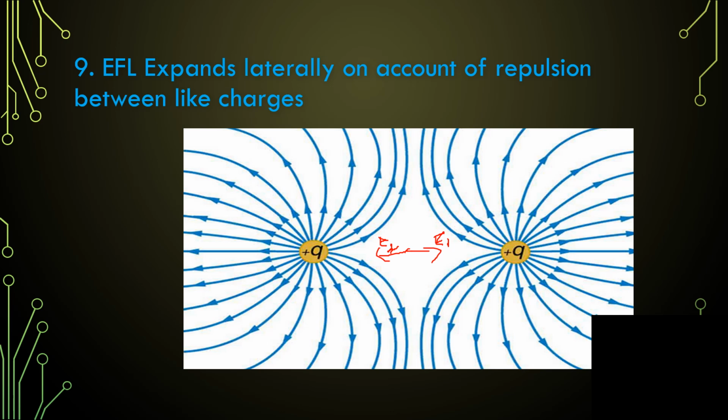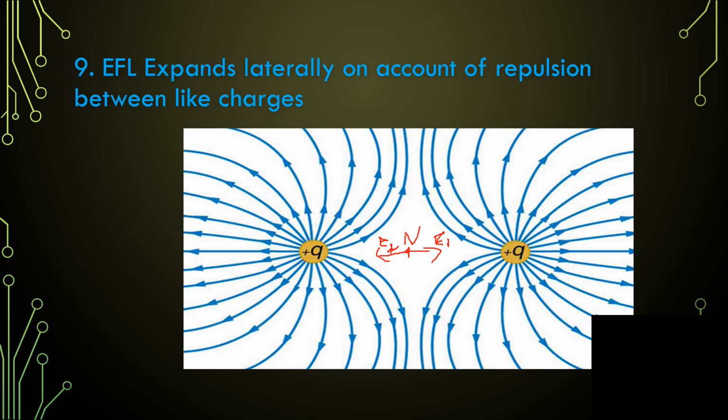Since this point is the midpoint, the distance from each charge is the same and the charge is also the same, therefore the electric field is the same. So E1 and E2 are equal in magnitude and act in opposite directions, therefore the net electric field at this point is zero. That's why this point is called the null point.